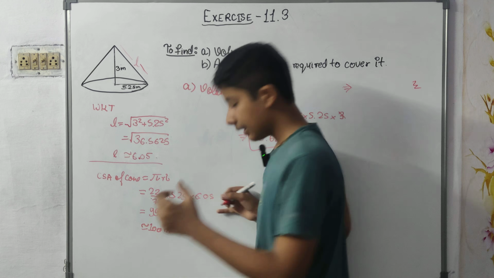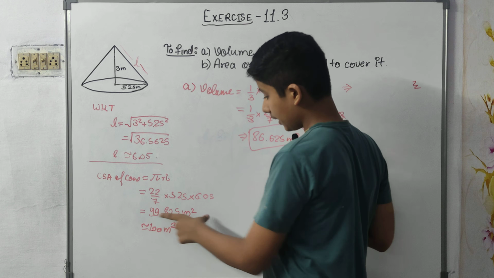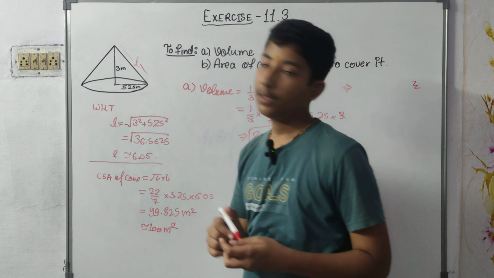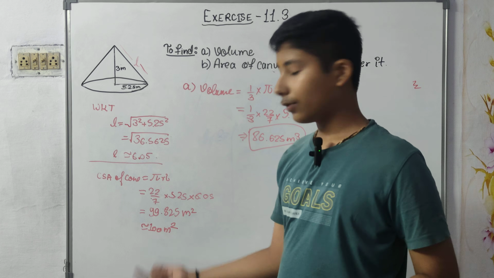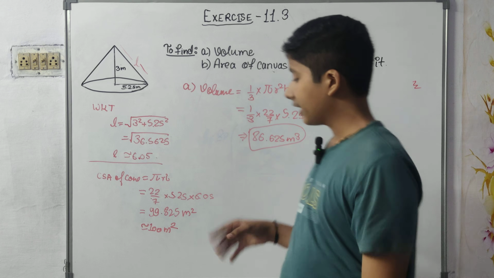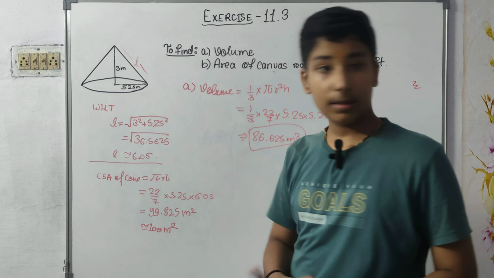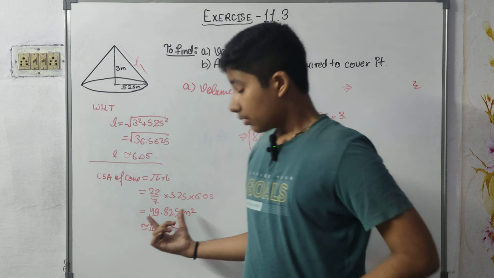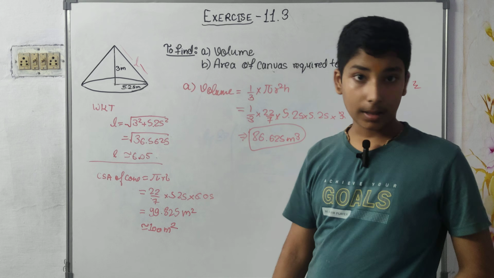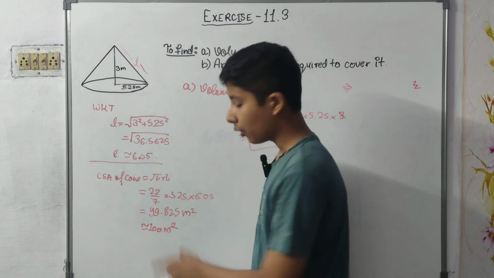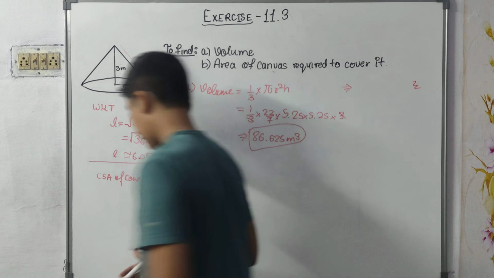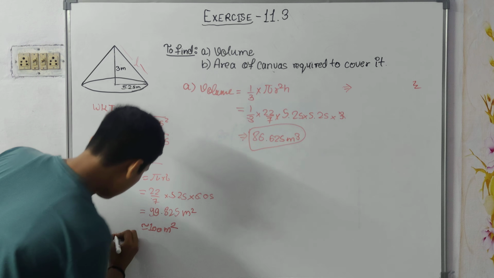If you write this, then also it is correct. None of these would be cut in the exam by the examiner. The examiner won't ask why you have written the approximate answer. But if you are writing the approximate answer, you will have to write this answer also. And at last you will write this statement.